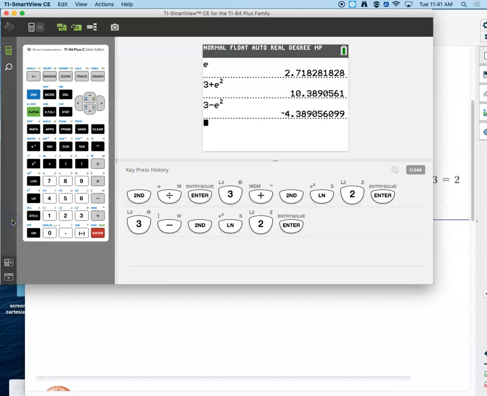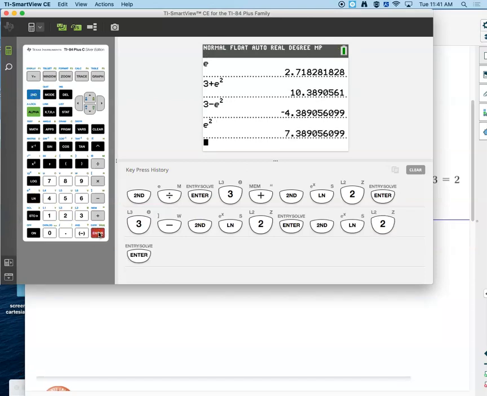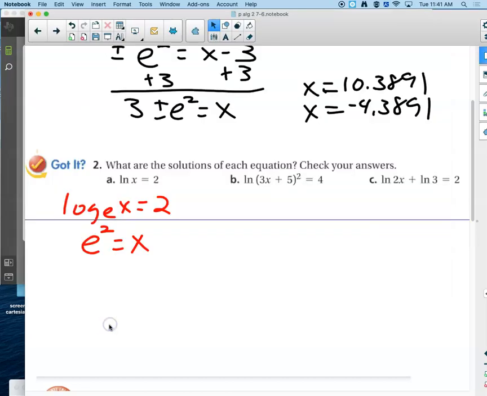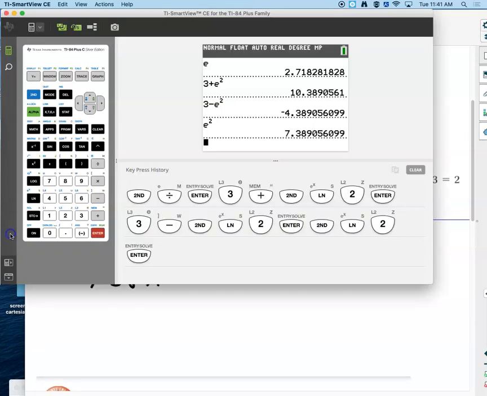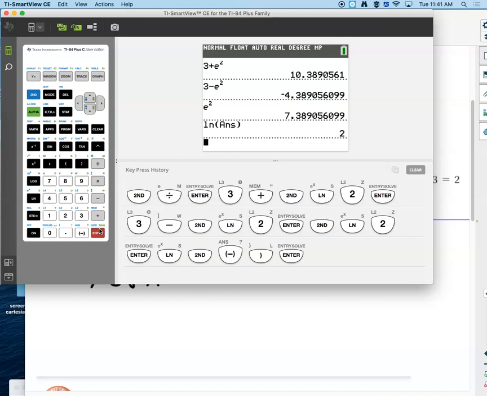Let's find e squared. 7.3891. Now, because this one is much easier to punch in, all I'd have to do is check the natural log of that. So, natural log of the answer I just had up there. And there it is. It's 2, which is the other side. So definitely works.